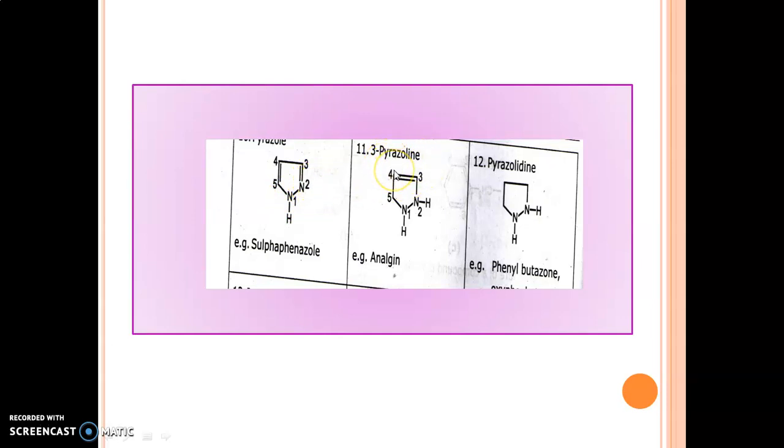Then in pyrazole, when there is saturation of one double bond, it is converted into pyrazoline. Then when there is saturation of both the bonds, it is converted into pyrazolidine. It is a five-membered ring containing two nitrogens at 1 and 2 position.